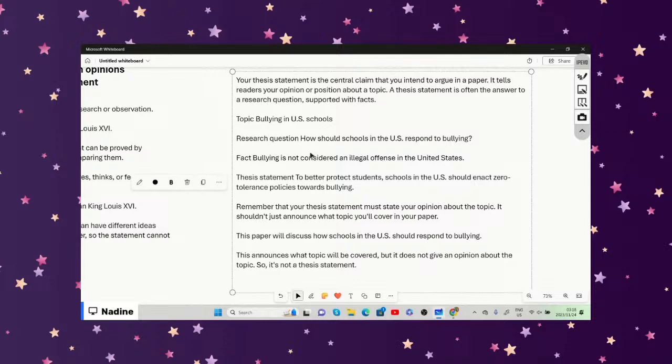So, once again, your thesis statement is a central claim that you intend to argue within a paper, right? This is when you are writing, let's say, your thesis or something.